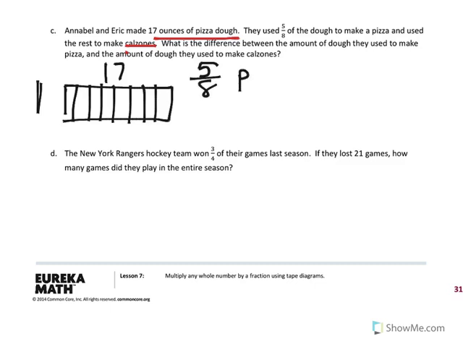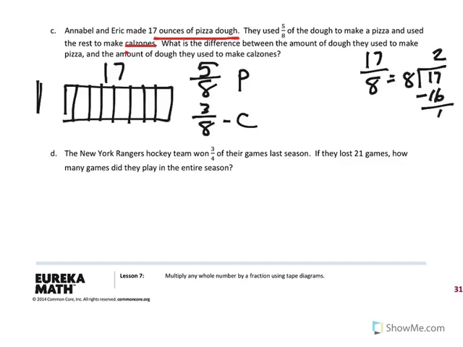The rest, which would be 3/8, was used for calzones. So let's first figure out how much one of them is. So that would be 17 divided by 8, which is 2 1/8. So one of these is 2 1/8.